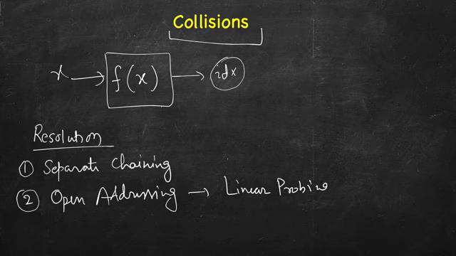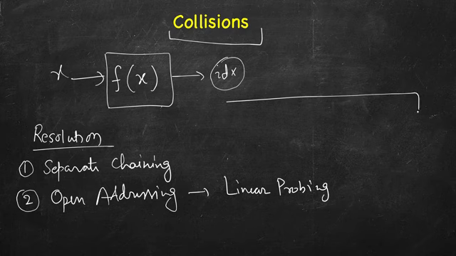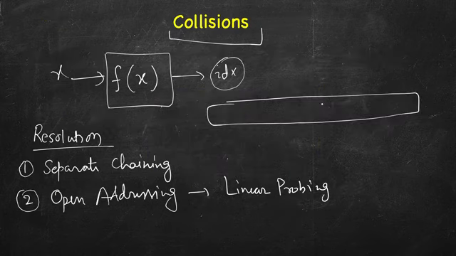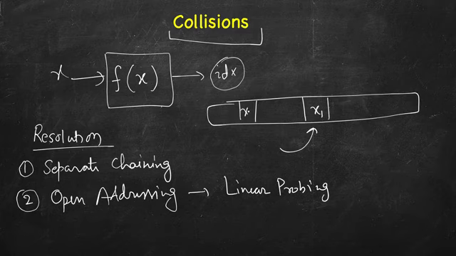Probe means explore. So we have to explore. Let's say in this case, we are not forming a chain like this, but we are storing every value in this array itself. So this has to be clearly larger than the number of inputs. Let's say our hash function maps it to this location. So we put x1 here, and then we insert x2. Let's say x2 was inserted here. Then again we input x3.